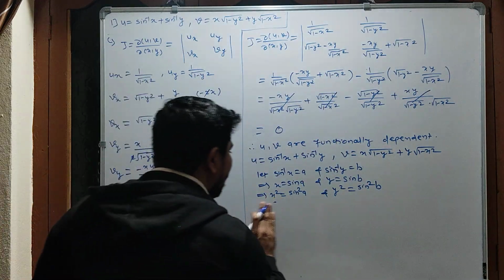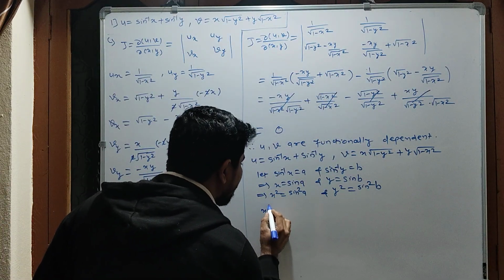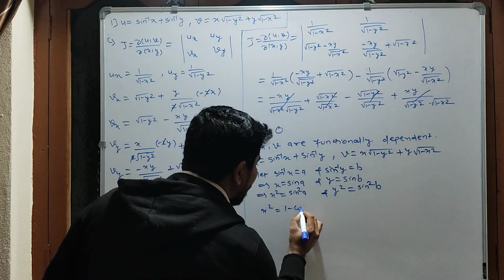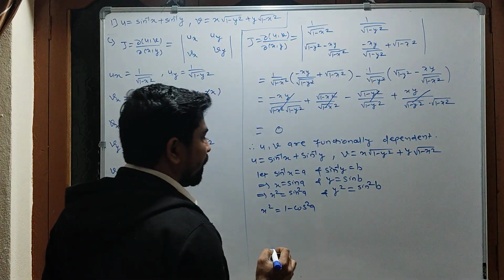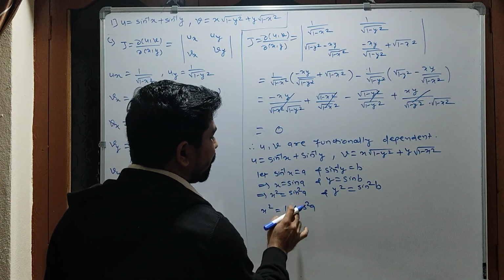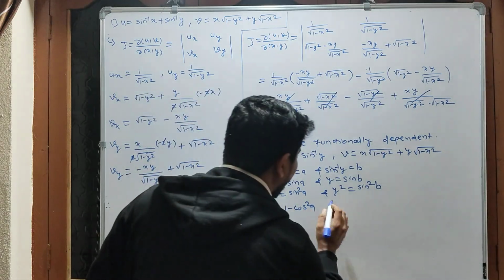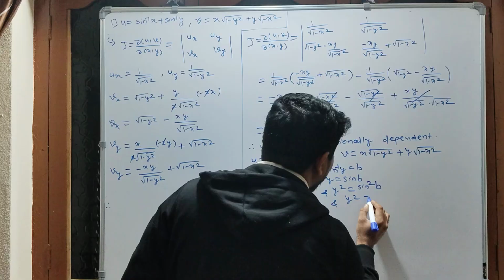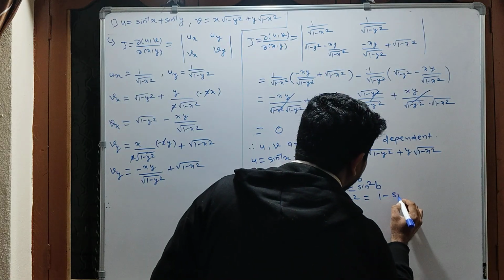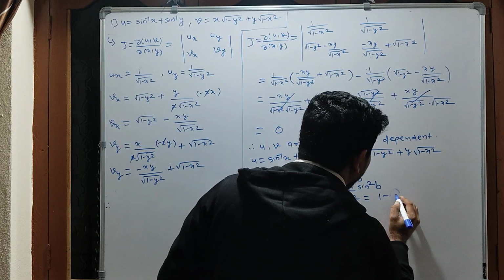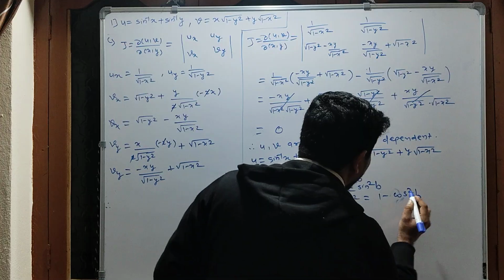Now this implies that x square equal to 1 minus cos square a, since sin square theta plus cos square theta equal to 1, and y square equal to 1 minus cos square b.